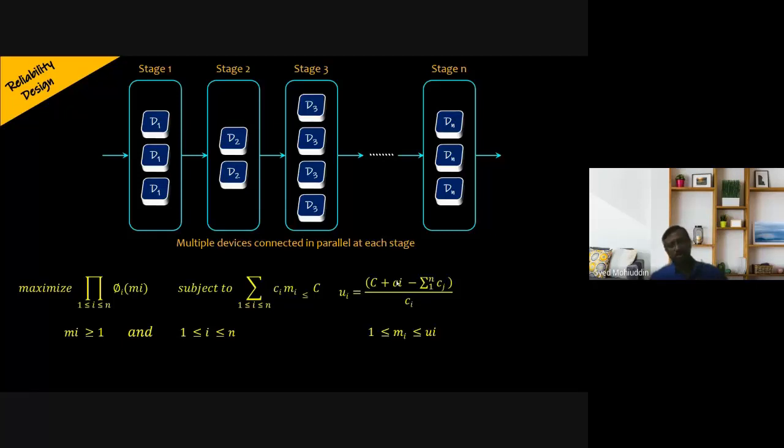Since reliability is also an optimization problem, the optimization criteria here is to maximize the reliability of the system.